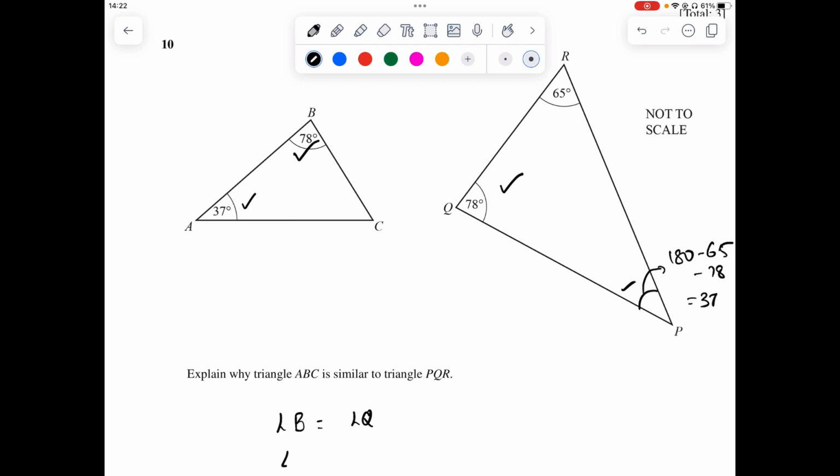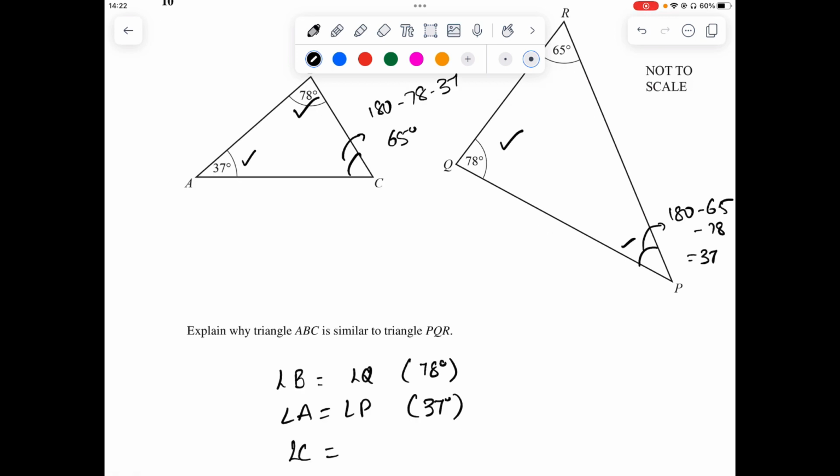So angle A over here should be equal to angle P, because both are equal to 37. Over here, both are equal to 78 degrees. Now angle C will be 180 minus 78 minus 37, which is again 65 degrees.